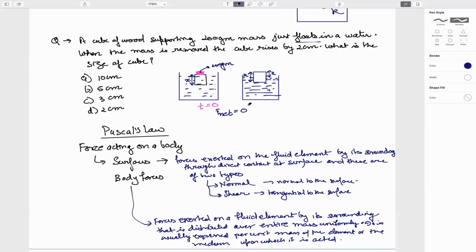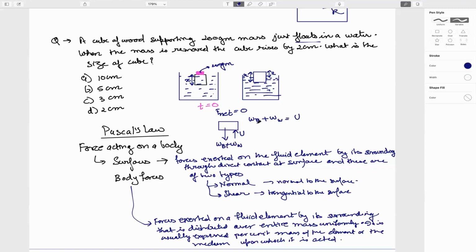For the first case, there is a weight of block plus weight of wood, and upthrust is acting upward. So the equation comes out to be W_B plus W_wood is equal to upthrust.